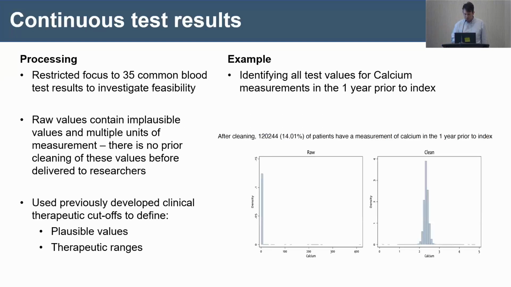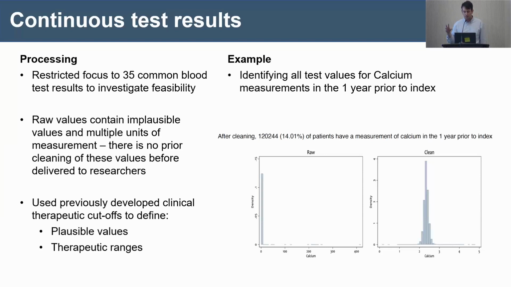Where it gets more complicated is when we're trying to incorporate the continuous test results themselves. In this initial application, we therefore restricted focus to 35 common blood test results that we had available in our data. Briefly, the way we get these as researchers, there's no prior cleaning before these data are delivered. Therefore, the raw data themselves contain implausible values and multiple units of measurement which need to be harmonized.